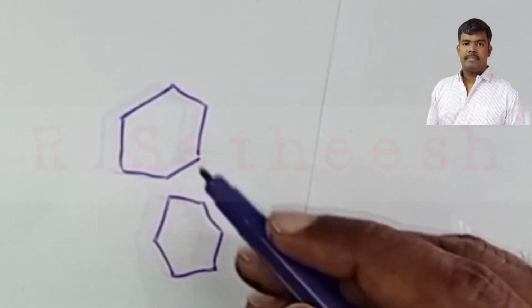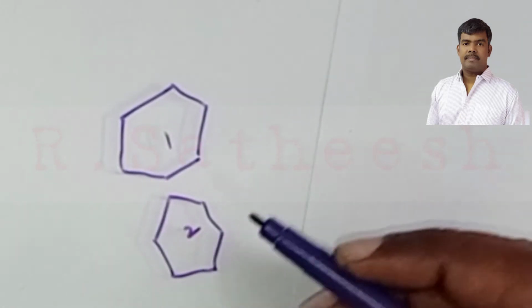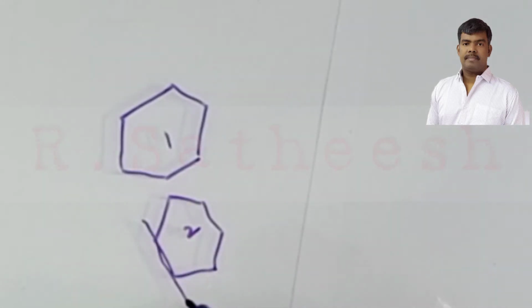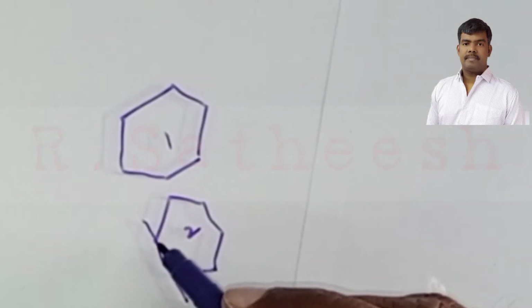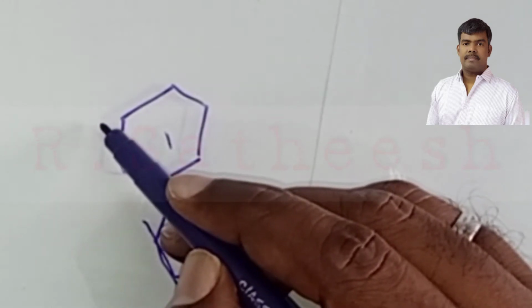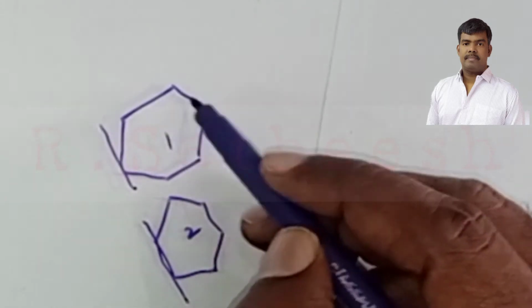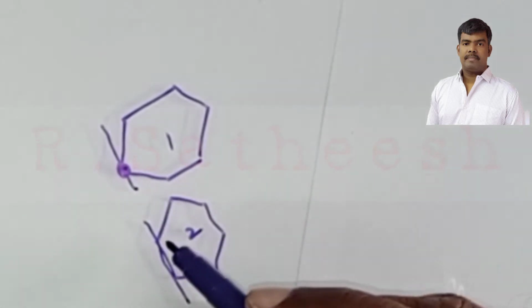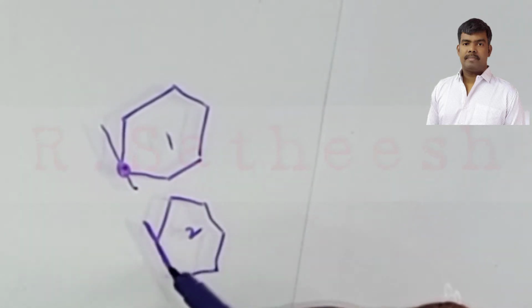Which one, the first diagram or the second diagram, is correct? In this problem, while tilting, the side is resting. If you consider the first diagram, while tilting the surface inclined to HP, the corner is resting on HP, but in this problem the side is resting on HP.